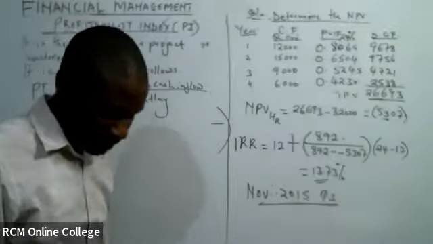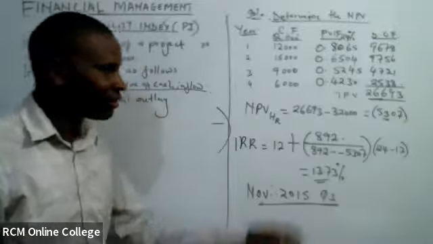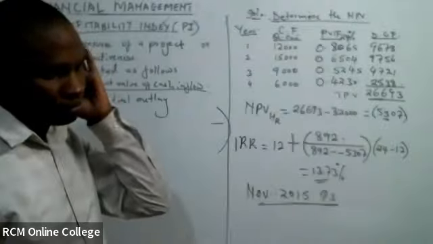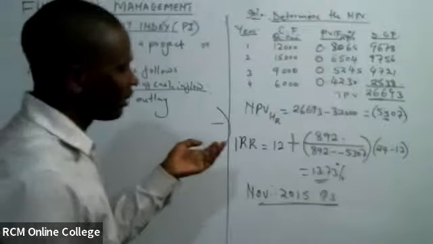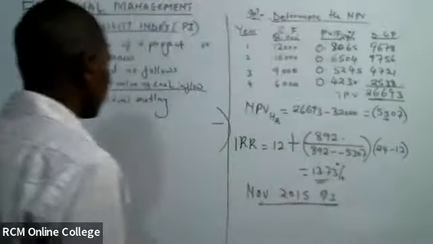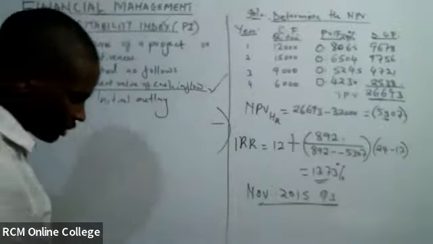Now, in our question there, should we accept? Yes, we accept because the IRR is greater than 12, the cost of capital. So this is how we get the PI, the profitability index.